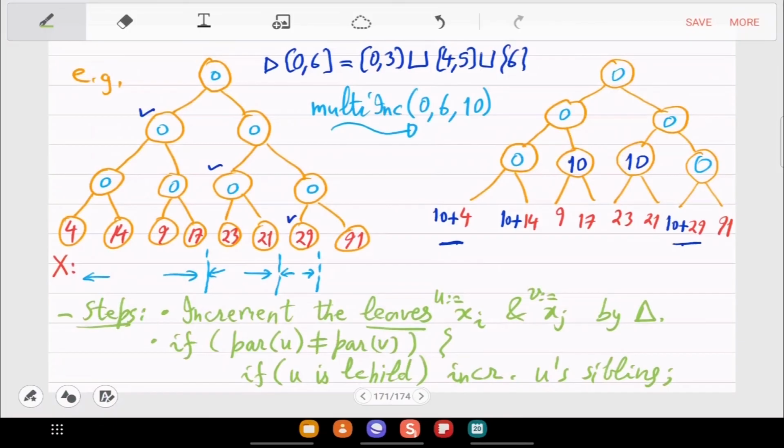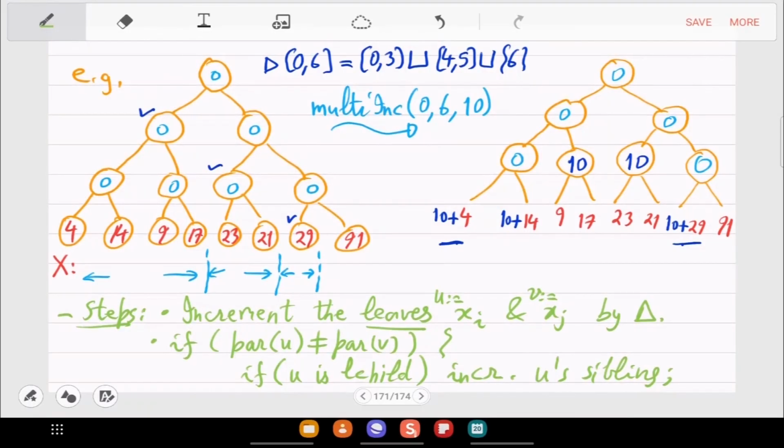So you want to add 10 in the internal node. Yeah, but you have to give a consistent pseudocode. It will not work in all cases. No, so what you have to check in general is whether U is a left child or a right child. Like this Xi, the first thing that you want to increment, if this is a left child, then its sibling is on the right, so that also will be incremented.